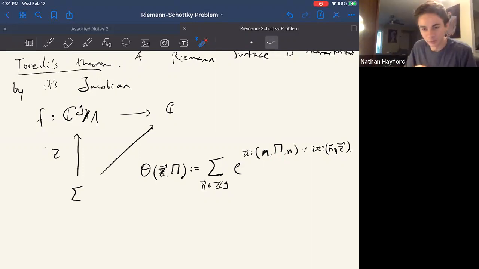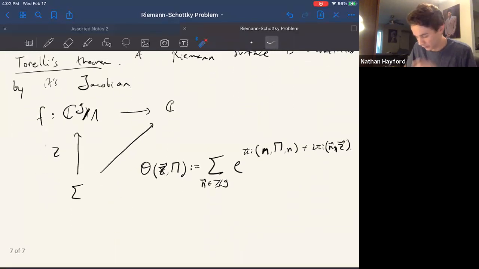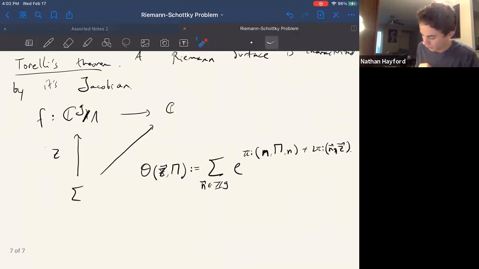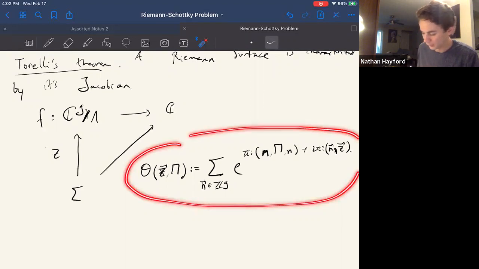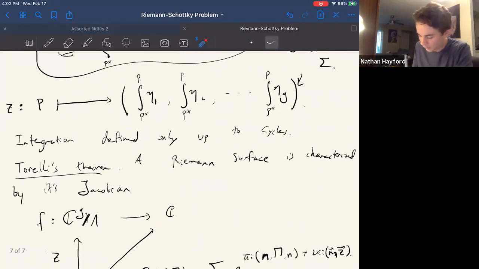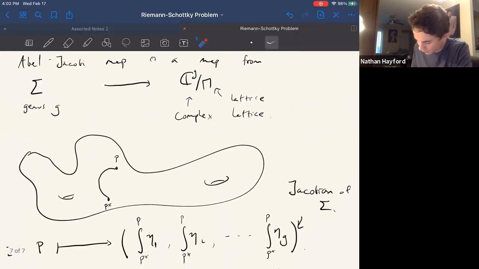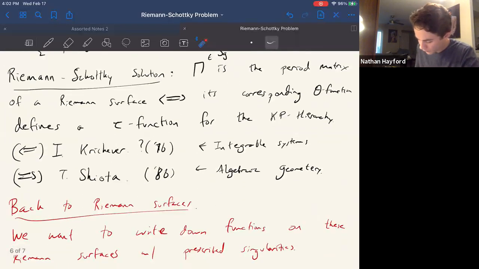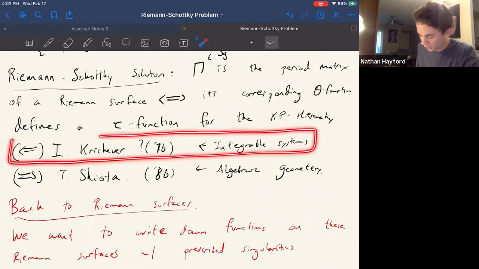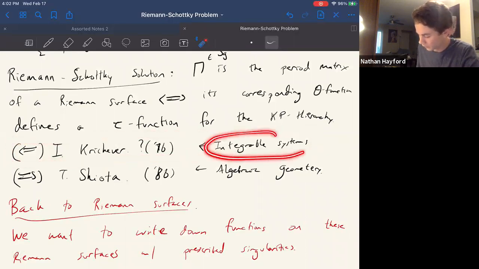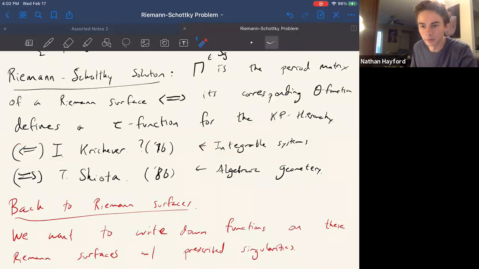So we kind of rushed at the end a little bit, so we'll discuss a little bit more about this next time. Because this is sort of the object that we're going to build things out of from the integrable systems perspective, at least for the beginning. Where did I draw the last page? It's going to be this direction. And we're going to talk at the beginning a little bit about integrable systems and forget this whole story about the Riemann-Schottky problem.